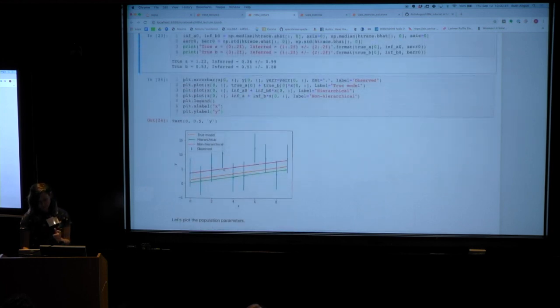So here is the data again. The true is orange, the non-hierarchical is red, and the hierarchical is green. So we've used all of the lines to learn about the one line. And that works because they're all drawn from the same underlying distribution, the same prior.